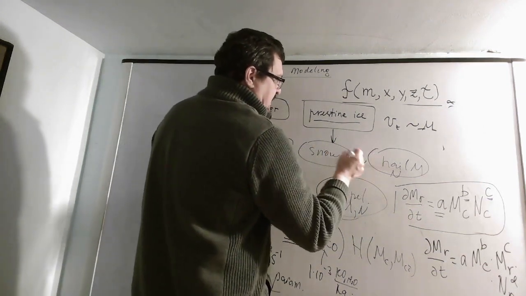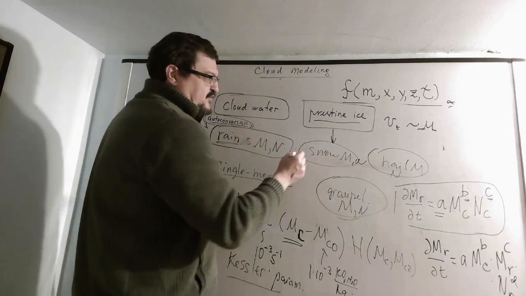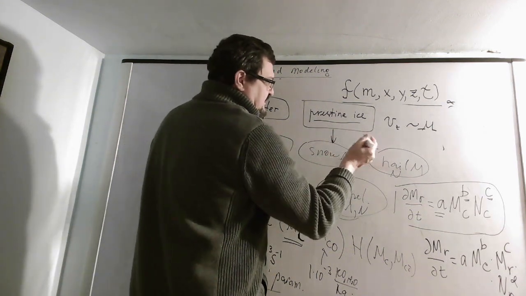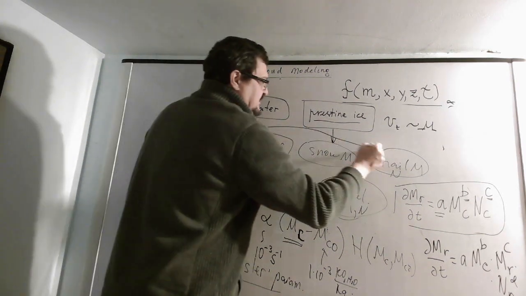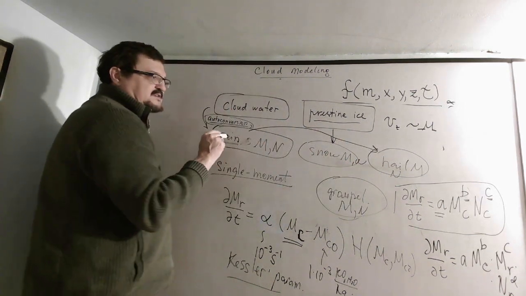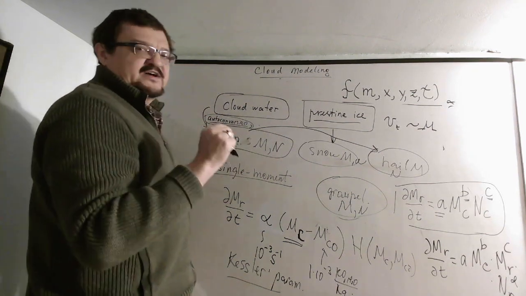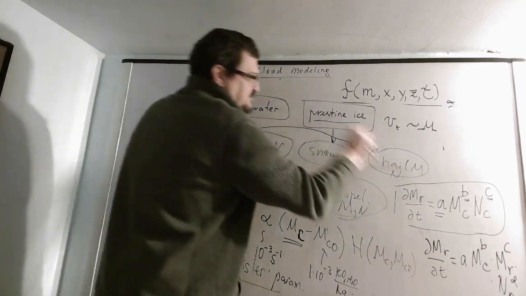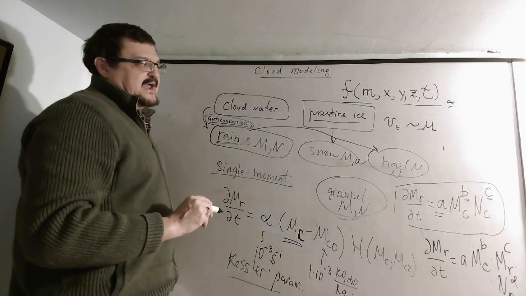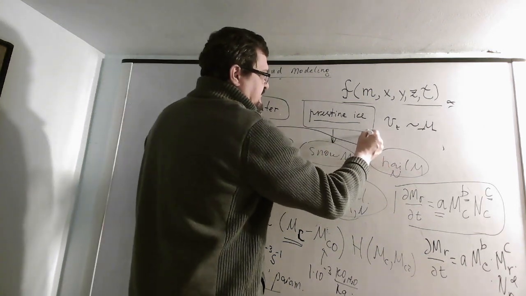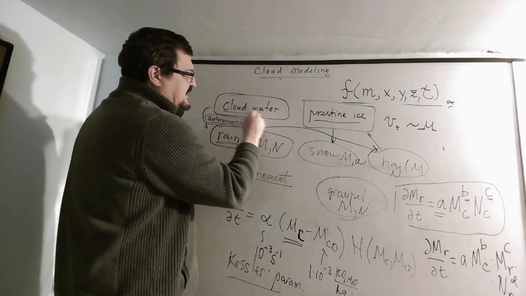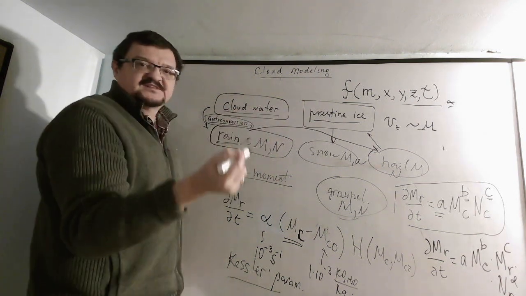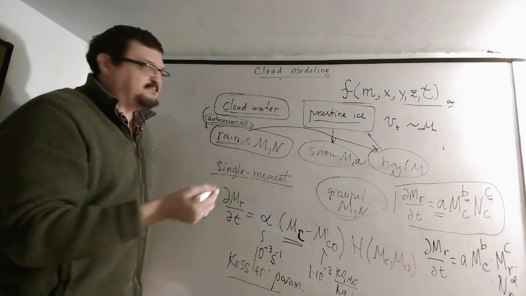Hail can also be produced from pristine ice as an autoconversion, or from freezing rain: rain particles, if they get to levels where it's very cold, you can move them to the hail category, and then this hail can fall through pristine ice or through supercooled cloud water, which always exists at freezing temperatures.